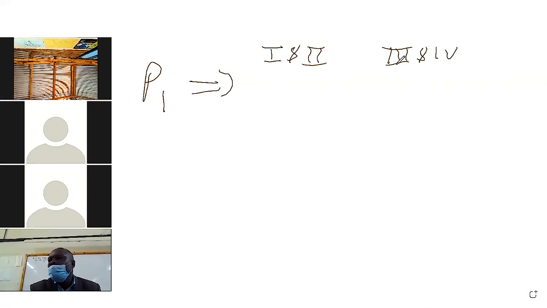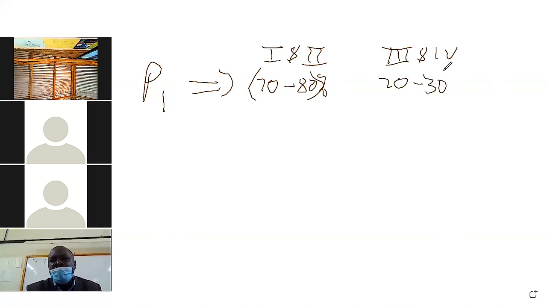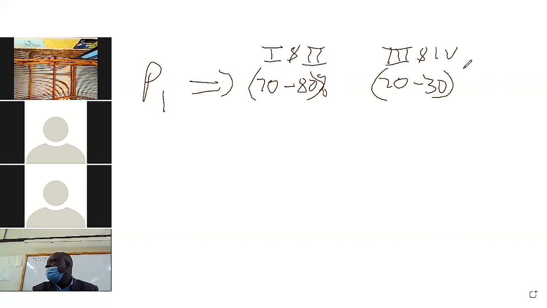So they only distribute the given percentage. In paper 1, they'll test Form 1, Form 2 work between 70 to 80%, and between 20 and 30% will be Form 3, Form 4.